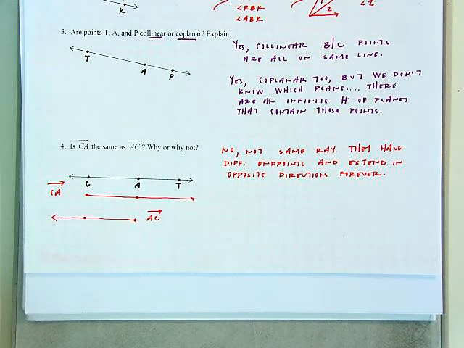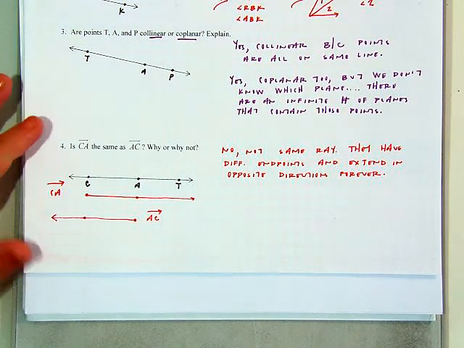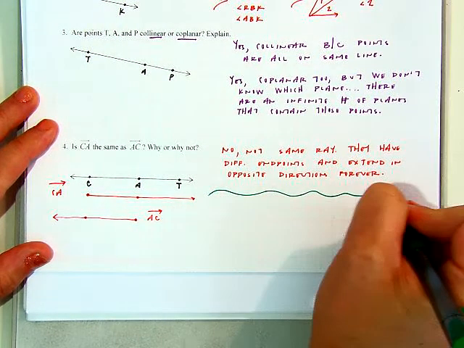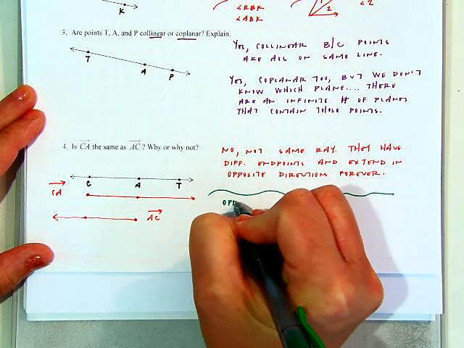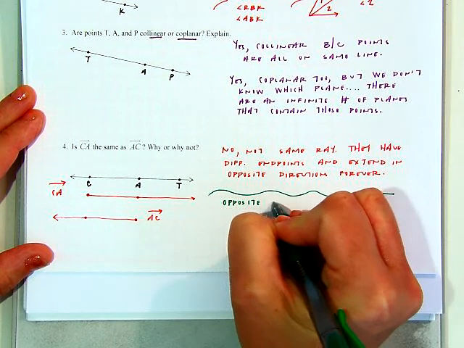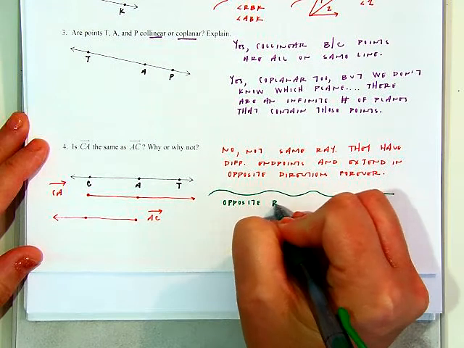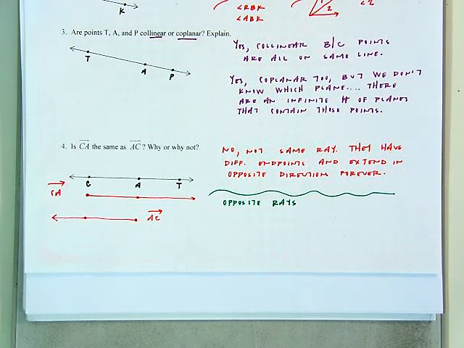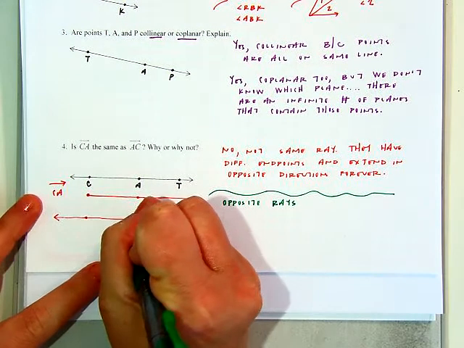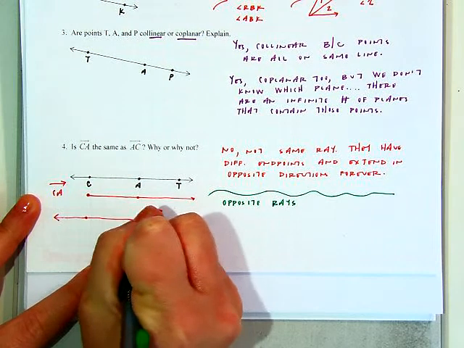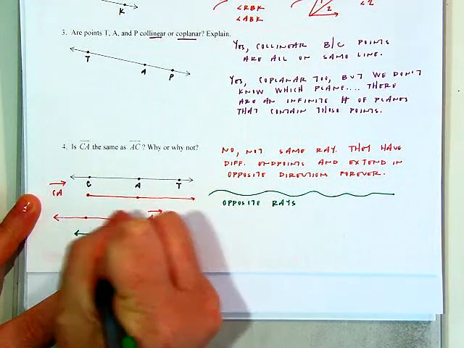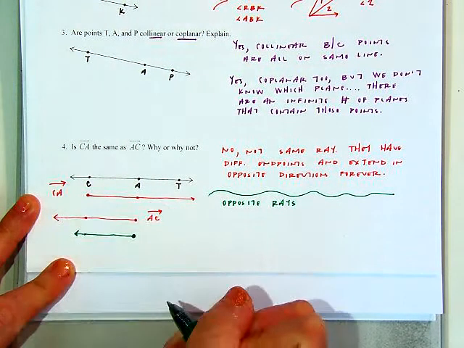Okay, one other thing I just wanted to remind you of, just another piece of vocabulary. I wanted to remind you about opposite angles. I'm sorry, not opposite angles. Opposite rays. Good, I caught myself before I wrote it. Opposite rays have the same endpoint and they shoot in opposite directions forever. So in my example here, where A is, I have this ray right here, ray AC.